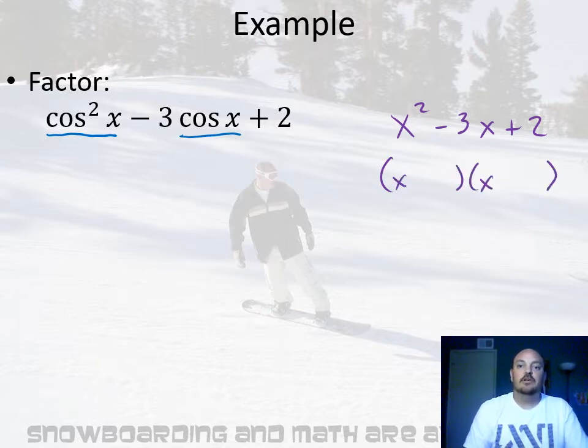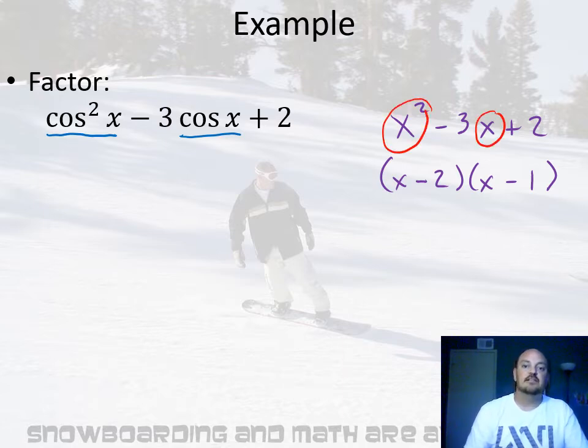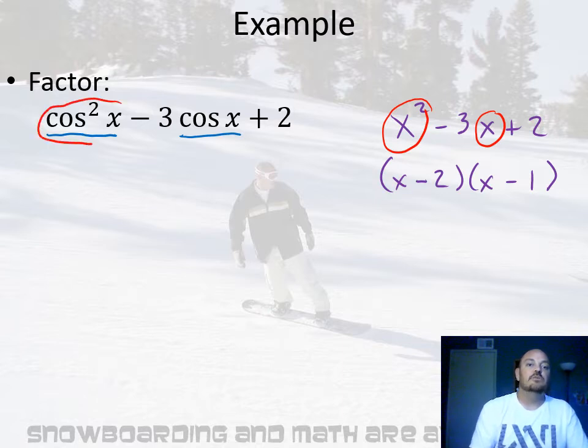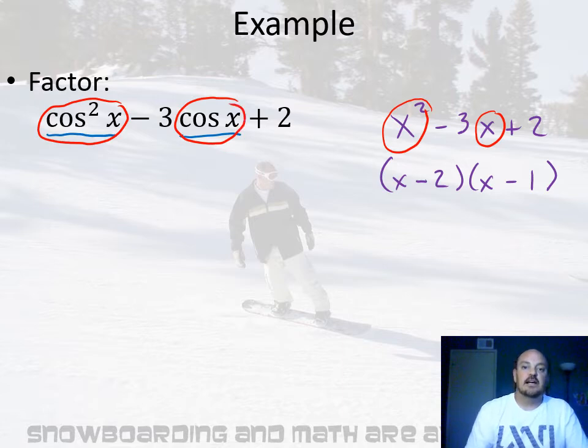We're looking for numbers that multiply to positive 2 and add up to negative 3. That would be negative 2 and negative 1. So we have the exact same problem, but with cosine squared x and cosine x.